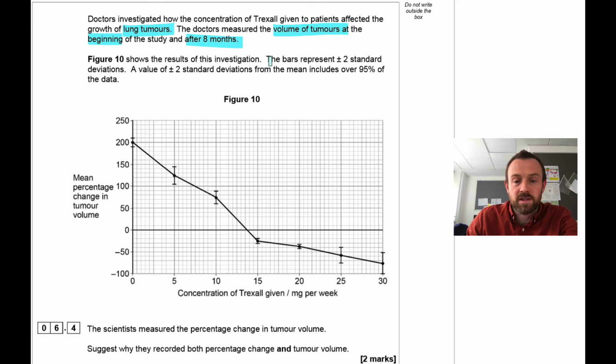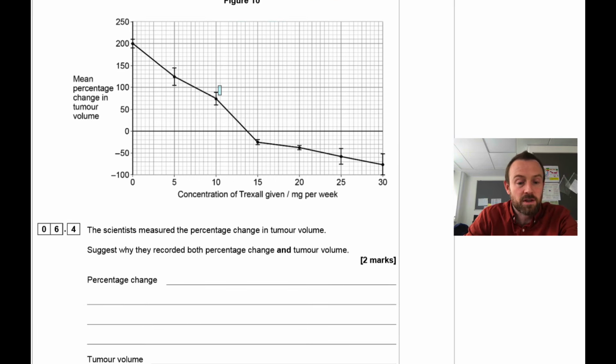The bars represent plus or minus 2 standard deviations, and this value of plus or minus 2 standard deviations from the mean includes over 95% of the data. So if the standard deviation bars overlap, there's not a significant change, and if they don't overlap, then there is a significant change or a significant difference. The scientists measured the percentage change in tumour volume.